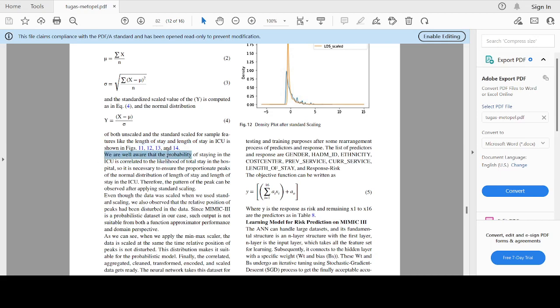We are well aware that the probability of staying in the ICU is correlated to the likelihood of the stay in the hospital. So it is necessary to ensure the probability.